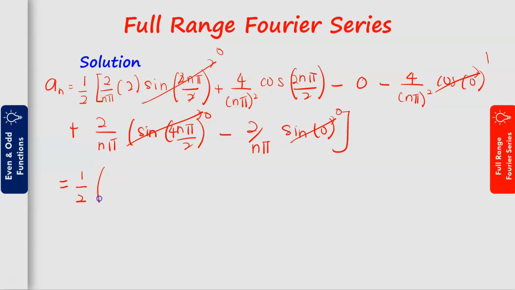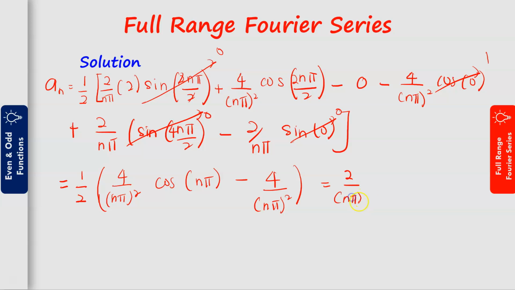And then this one, multiply 4 over n pi square, and then cos n pi, and then minus 4 over n pi square. That is equal to, I can factorize this 4 over n pi square. I will have here 2 over n pi square multiplied by (cos n pi minus 1).